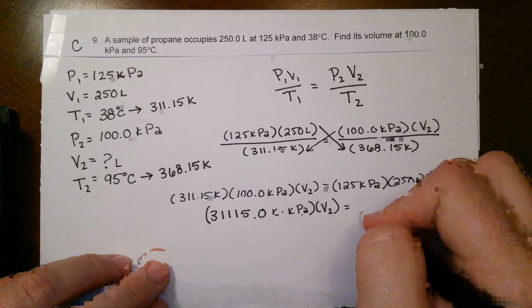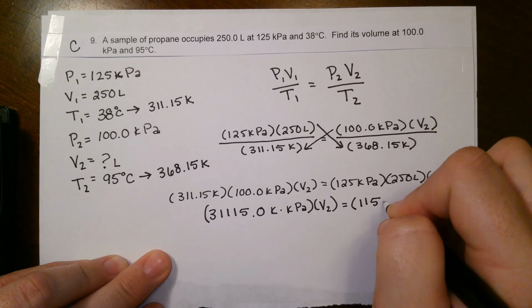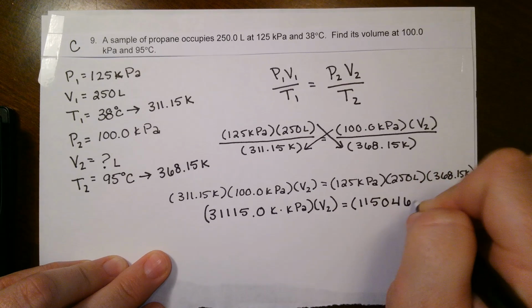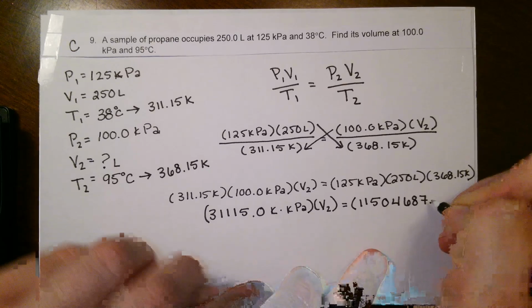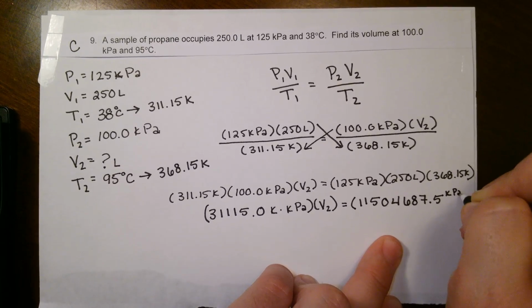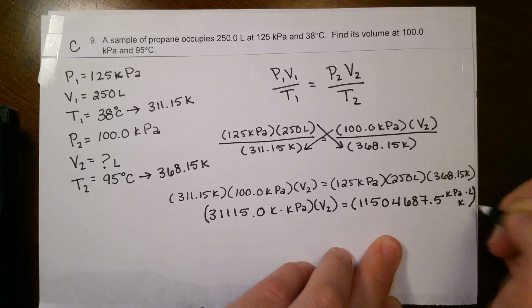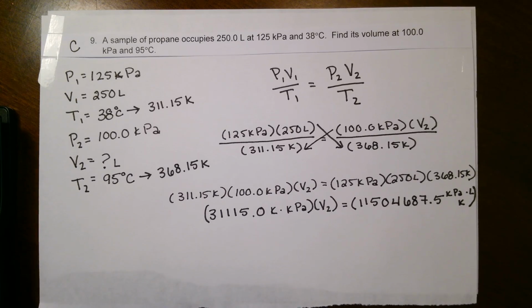We get a huge number. It's going to be 1150467.5. The unit is kPa times liters times Kelvin. Huge number. If you're confident in plugging this all in your calculator, I would just recommend doing that too.